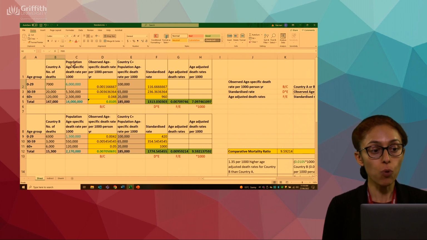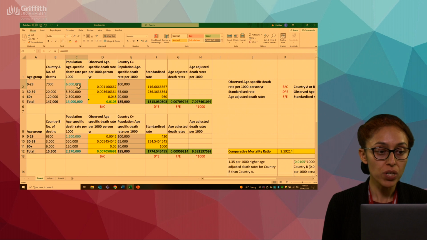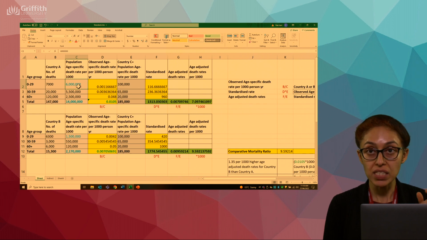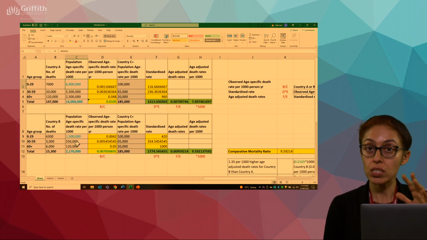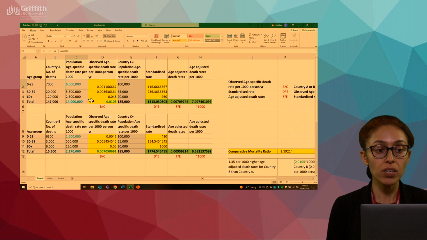The second column is the population age specific death rate per thousand. So how many people are dying per thousand. This is the data which is available from governmental reports. There is no calculation involved over here.